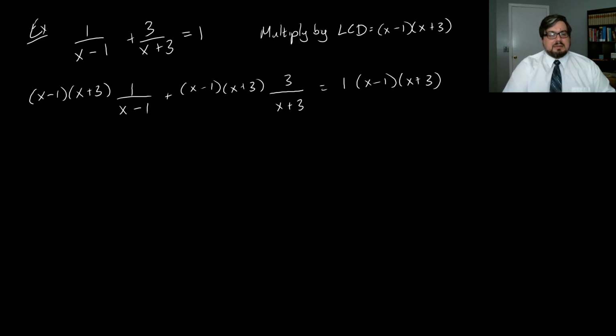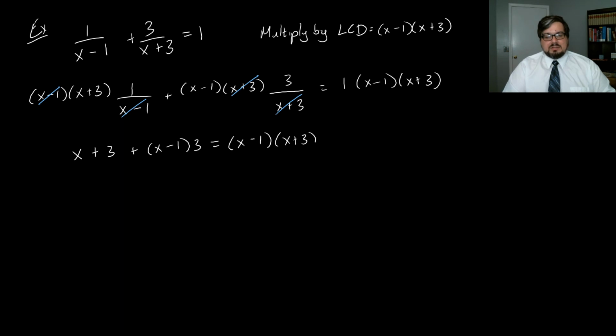And then we've got some cancellation to do. x minus 1 cancels with x minus 1 in the first product. x plus 3 cancels with x plus 3 in the second product. So we've got x plus 3 times 1, which is just x plus 3. And then we've got x minus 1 times 3, which we're going to have to distribute through. And then we get (x minus 1) times (x plus 3) on the right-hand side of the equation.